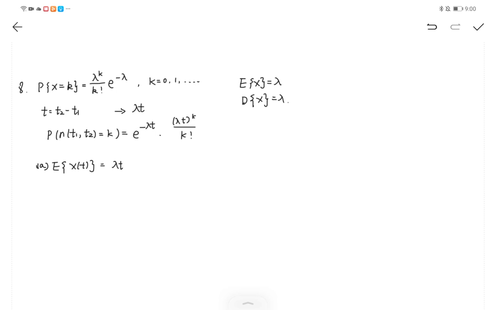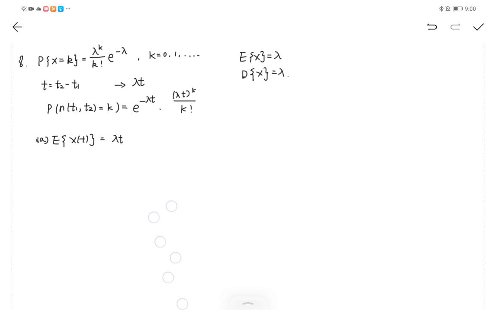And for question B, we must find the R(t1, t2).